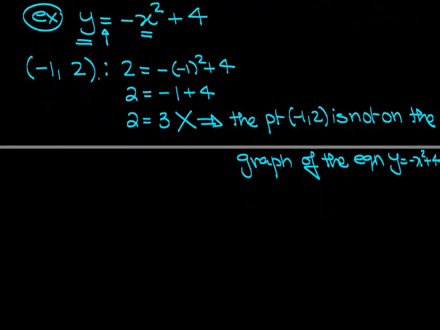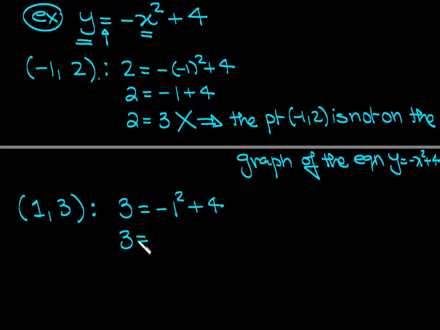Okay, so that's how you figure out which points belong on the graph and which points do not belong on the graph. How about this point? Let's take a different point. Let's take 1 and 3. Okay, so let's plug it in and see what happens. y is 3, and x is 1.